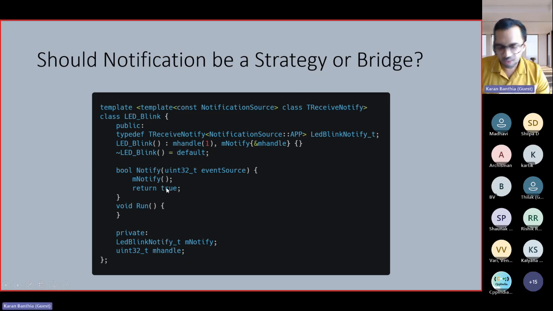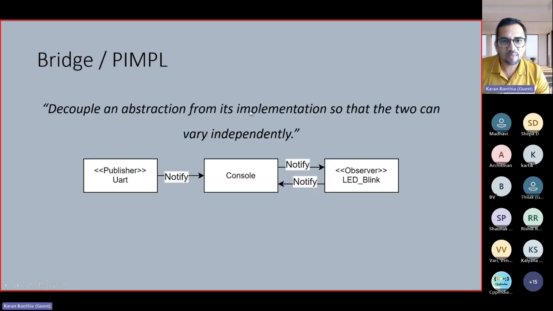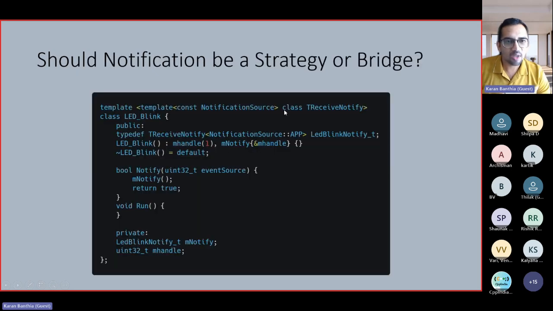So what does bridge do is decouple an abstraction from implementation. Now that does not mean, so LED blink will have a notification inside, which if we have a strategy, it is a reference. Here, note we are not having a reference. We are creating a notify object, which the LED blink object will hold. It owns this notify.